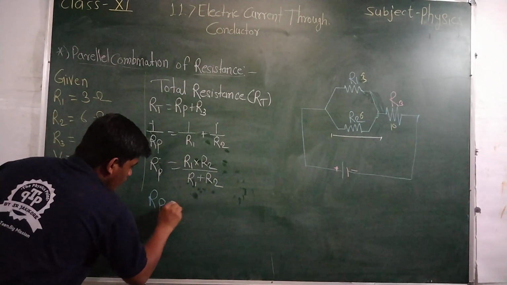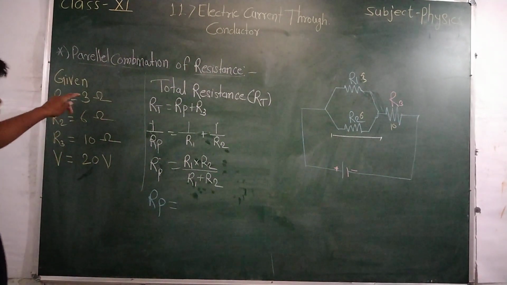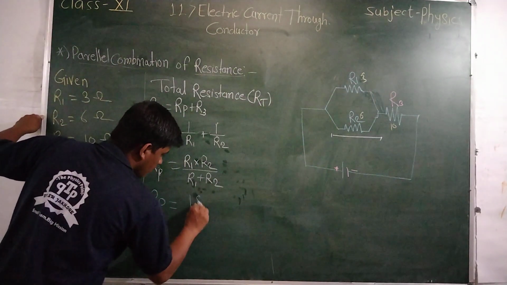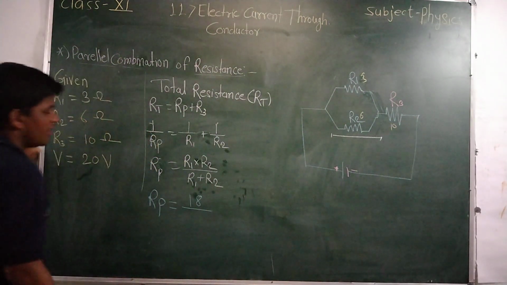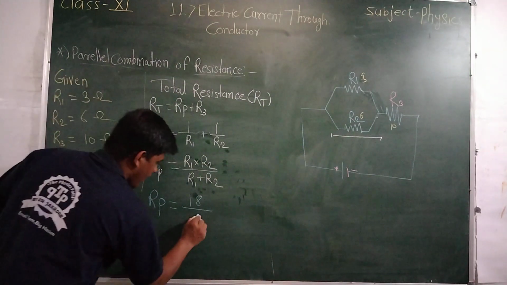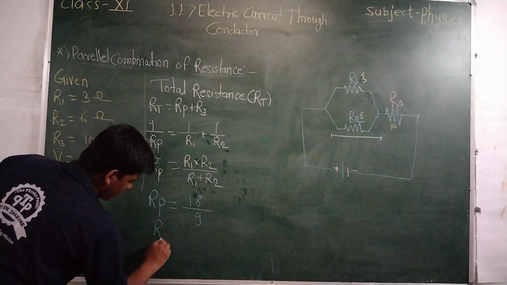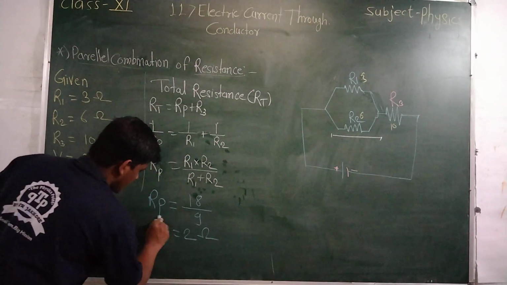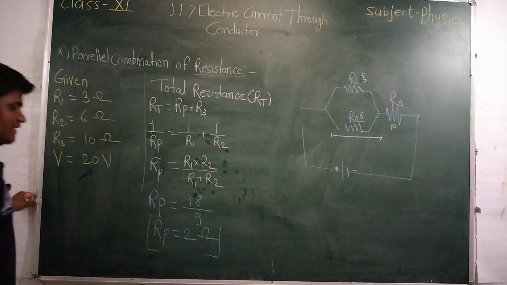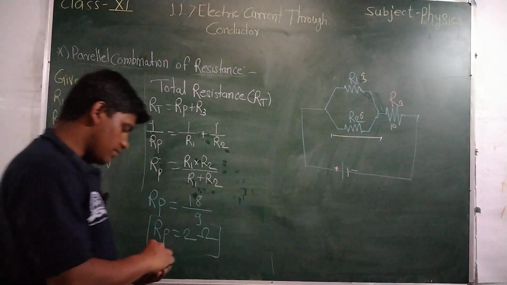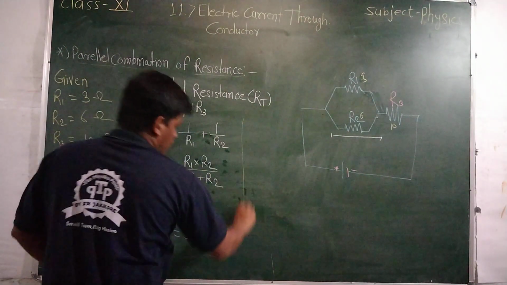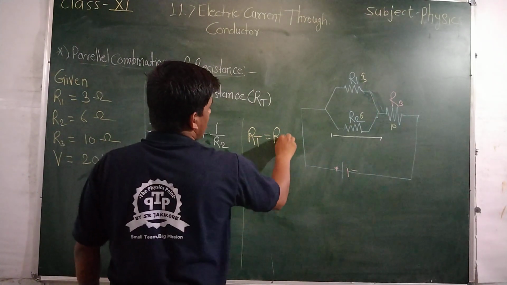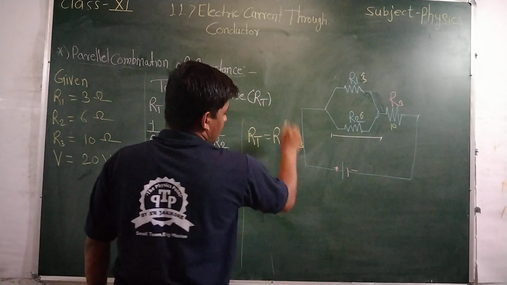RP is equal to R1 into R2, 3 into 6 is 18, divided by 3 plus 6 is 9. Then RP is equal to 2 ohm. This is the equivalent resistance for the parallel combination. And the total resistance RT is equal to RP plus R3.